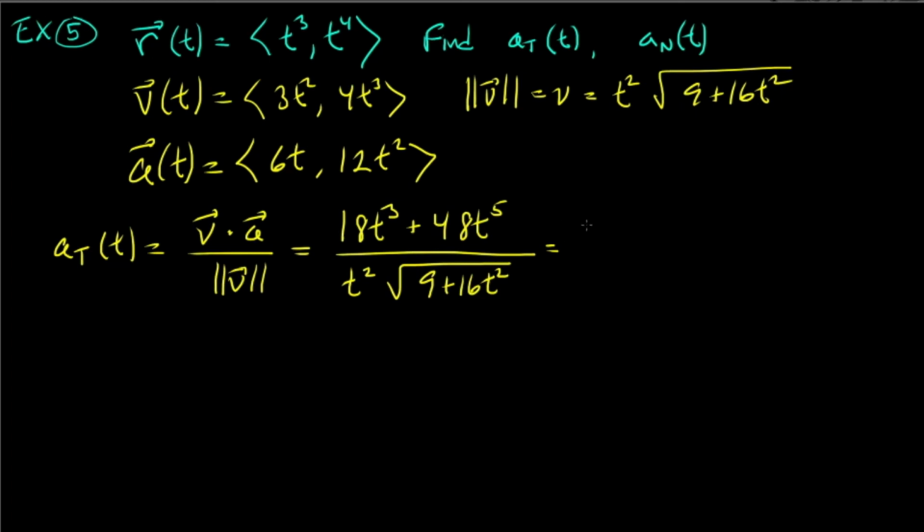Can we factor out a 2, a 4? No, not a 4. I think it's a 6, right? So 6t cubed times 3 plus 6 times 8 is 48, right? So 8t squared.